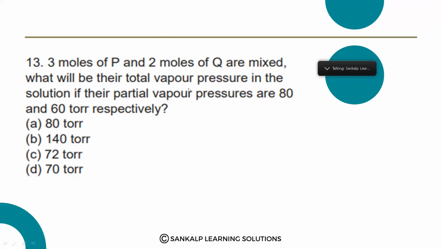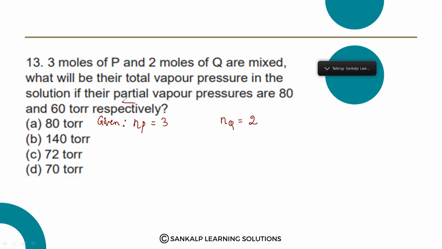First you have to write what is given. First is the number of moles. The number of moles of P is 3, and the number of moles of Q is 2.